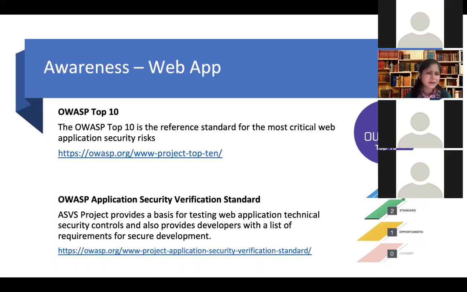Then comes awareness, like how important awareness is. If we talk about the web testing guide, can we miss the top 10? Top 10 needs no introduction. Even PCI talks about the top 10, like the OWASP top 10. And any company that I speak with says that we are compliant with the top 10, we are doing this to get to where we are, or to have a good security posture around the OWASP top 10.